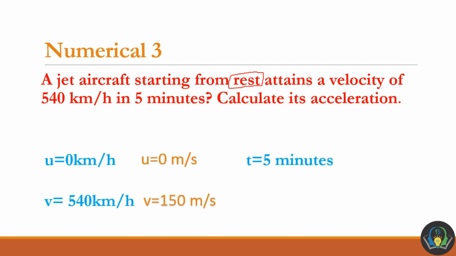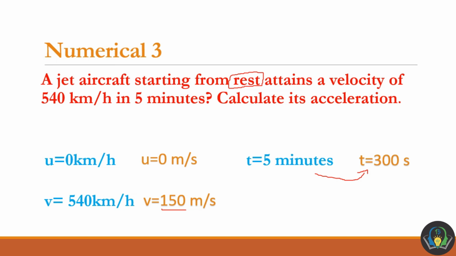V equals 150 meter per second after conversion, and 5 minutes equals 300 seconds. So this is the very first step, grasping the data, and the second step is the conversion into the standard units. Once these things are clear, then only we have to proceed further.